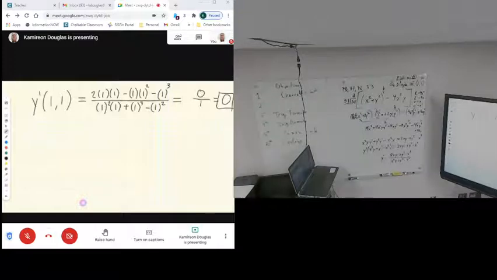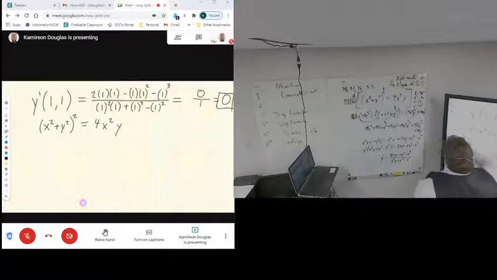So, how would this have looked? Just very briefly, if we had taken your suggestion, which I pointedly refused at the beginning, to just go ahead and expand this out. Okay, so here's the original problem. The original problem was x squared plus y squared squared equals 4x squared y. We can use the perfect square formula.